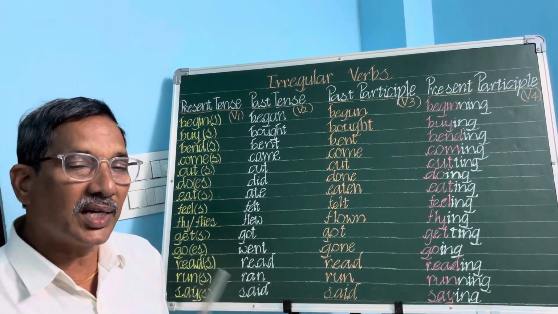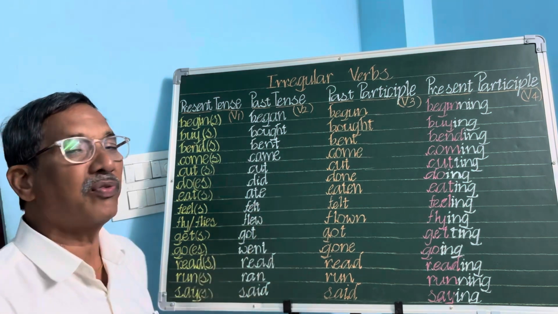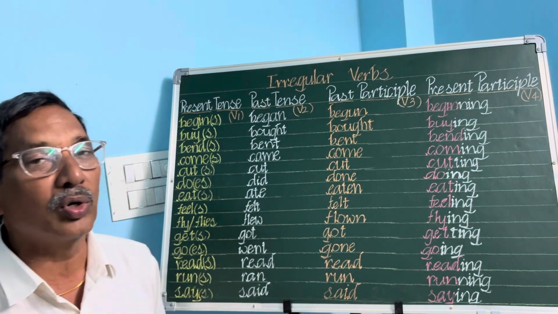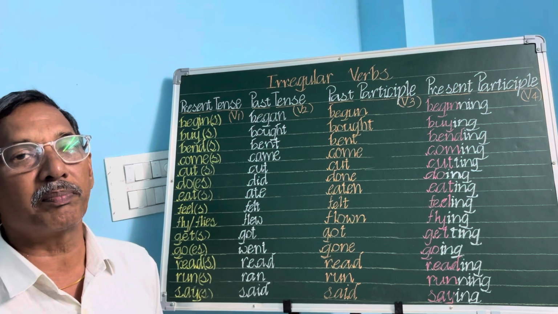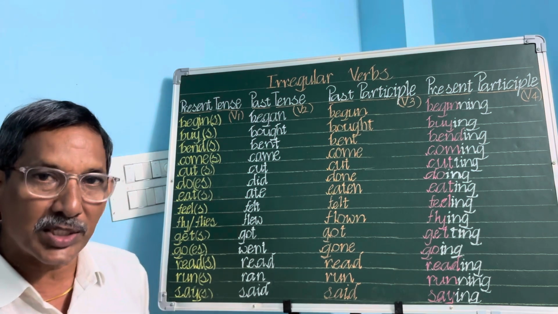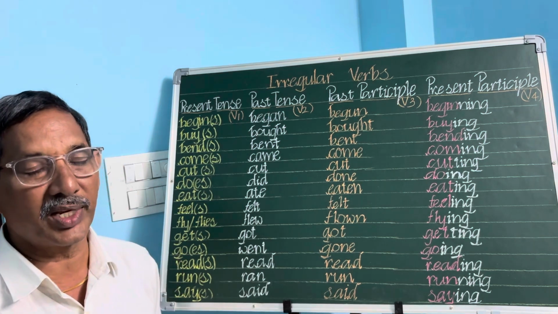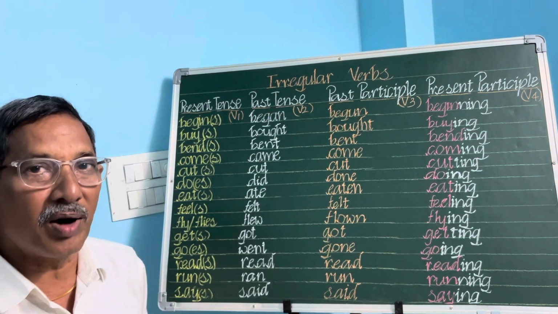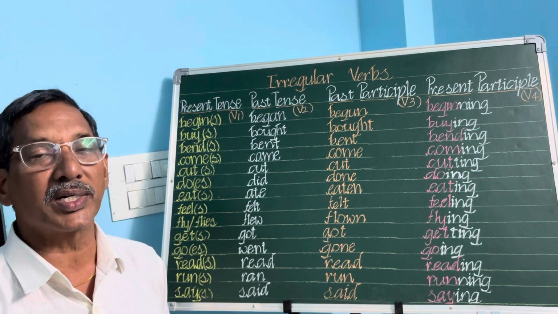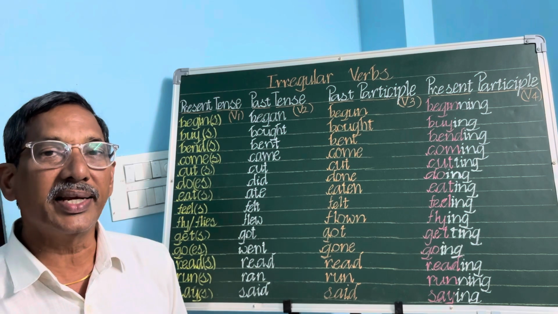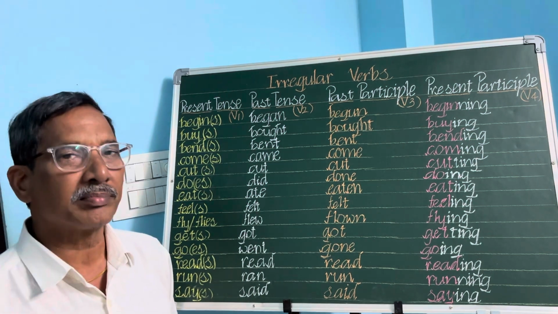So the irregular verbs do not follow any particular rule for forming past tense, past participle, etc., unlike the regular verbs. The regular verbs form their past tense and past participle by simply adding ed or d at the end.